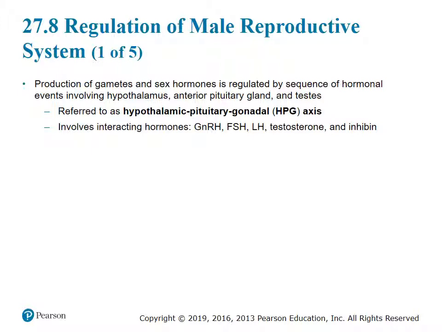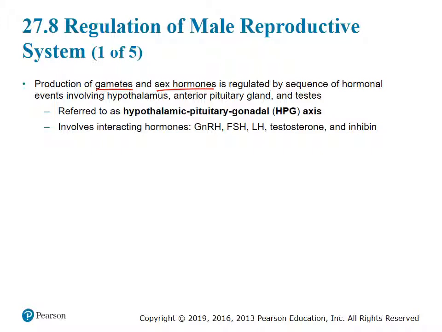Okay, so let's talk about regulation really quick. We're almost done here, right? How we actually maintain this, how much sex hormone, testosterone, estrogen to make and secrete, and how much sperm to produce is actually going through a regulation process, just like in the female.